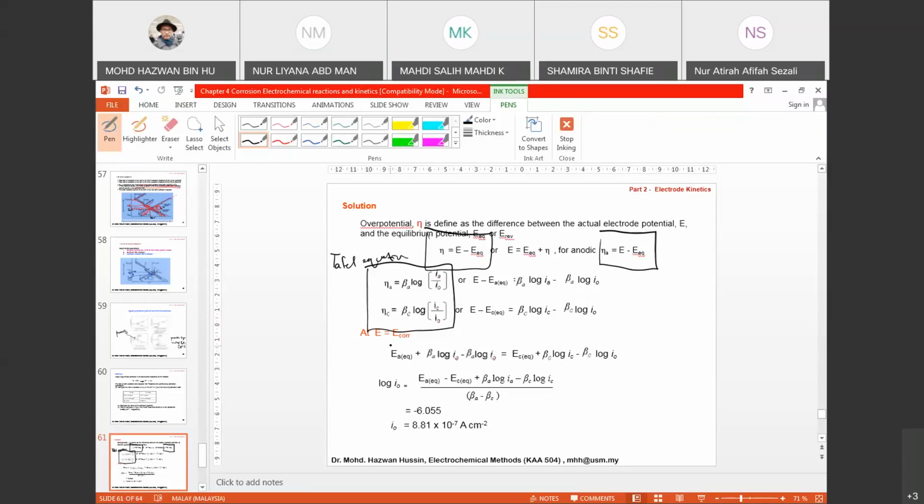At a potential that is equal to the corrosion potential, you will have this notation. How you get it is by substituting eta A into this equation.